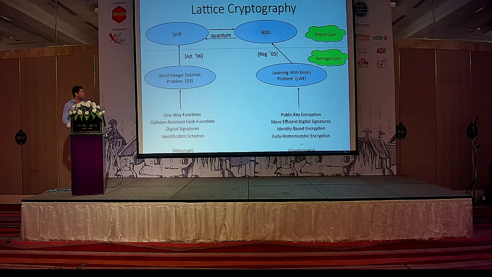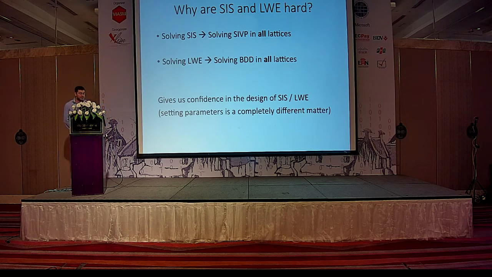All right, so what is the point of this? Why are these reductions interesting? It gives us some confidence that the design of SIS and LWE is good, because there are some parameters such that SIS is not just a random problem. If you can solve SIS for those parameters, you can solve SIVP.